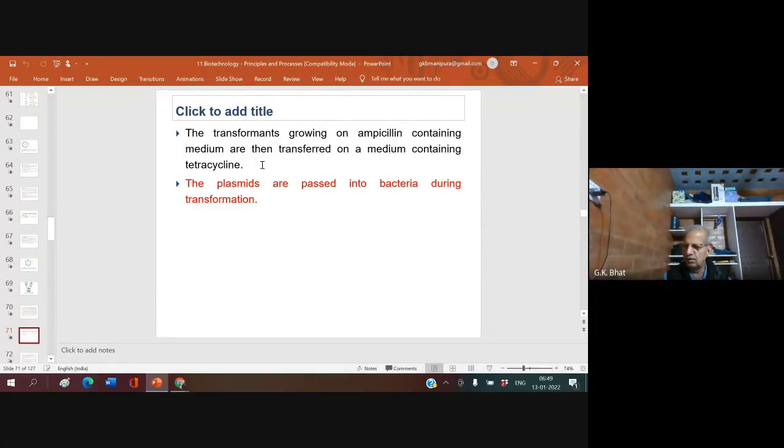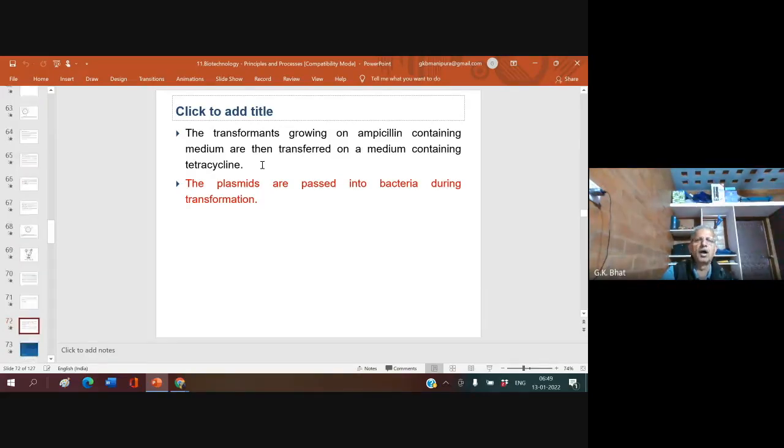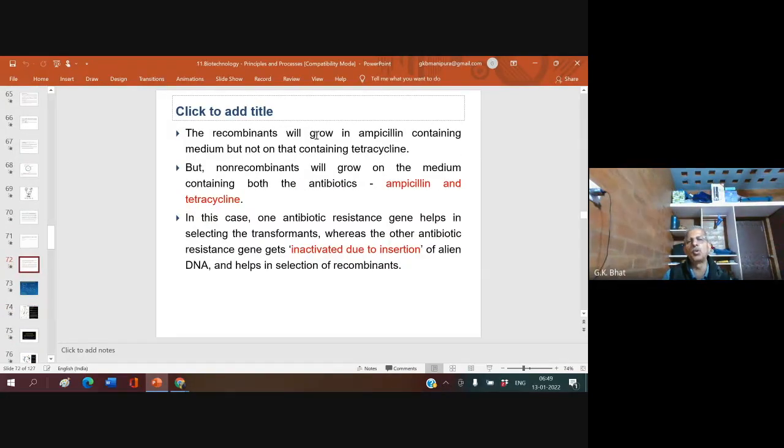They die. Okay, right. Now, the recombinants will grow in ampicillin containing medium, but not on that containing tetracycline. But the non-recombinants will grow on the medium containing both antibiotics, ampicillin and tetracycline. I hope it is clear now.